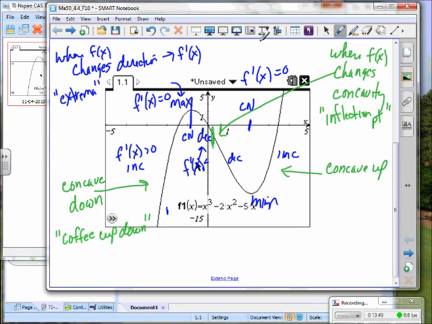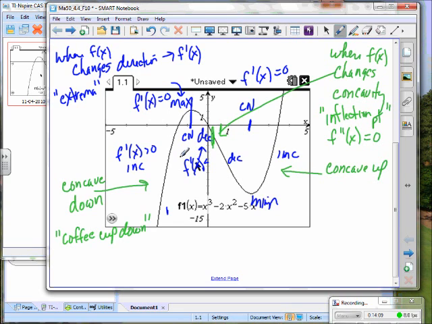Some of you know the answer to my next question. Those of you who don't, take a guess. How are we going to determine inflection points? First derivative 0, determine extrema. Second derivative 0 may, I have to say that, may determine inflection points.